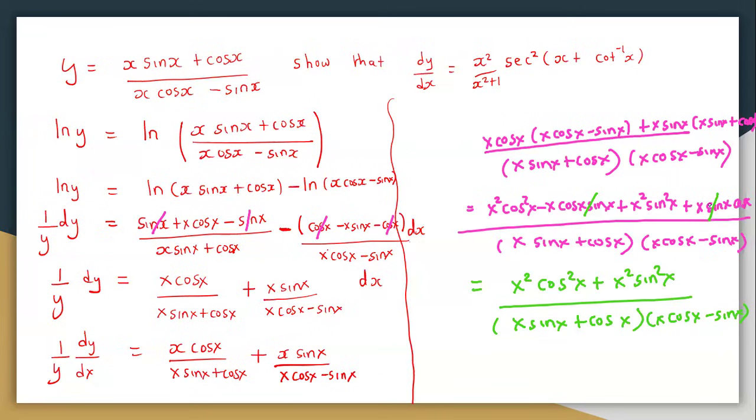X squared. Very good. Yes, you notice that you remain with x squared. Then everything will be out of x sine x plus the cos of x into, here we shall have x cos of x minus the sine of x.